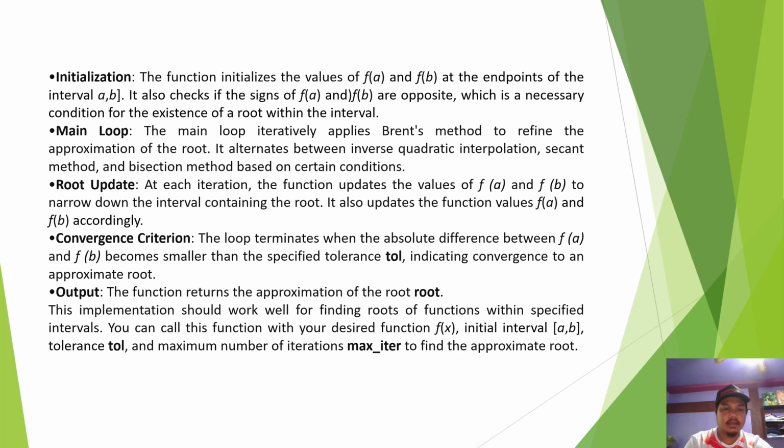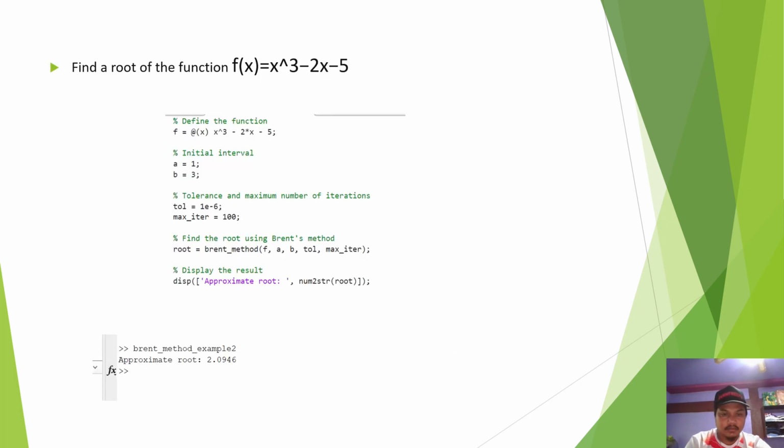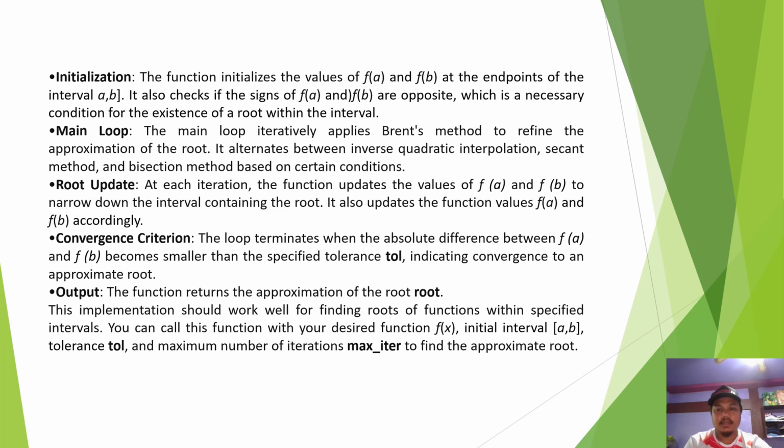So, convergence criterion. The loop terminates when the absolute difference between f of a and f of b becomes smaller than the specified tolerance. Tol, makita na siya sa code, indicating convergence to an approximate root.